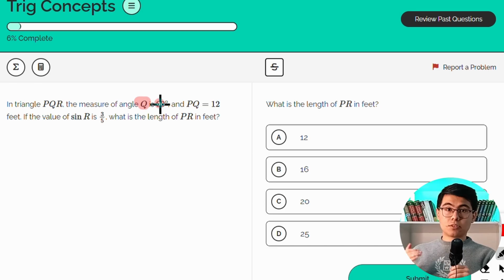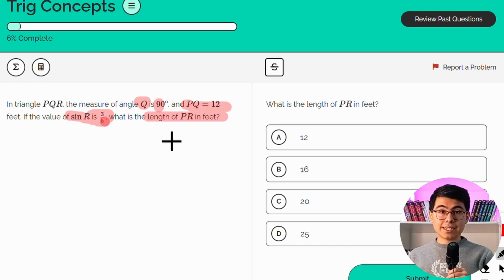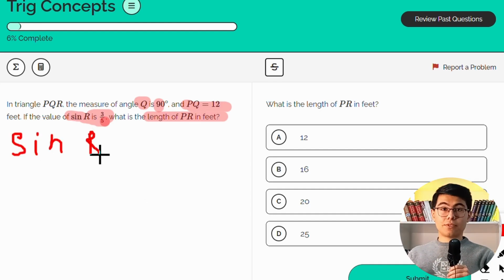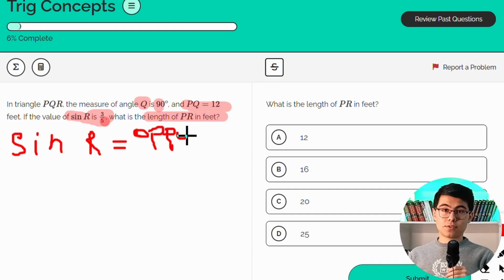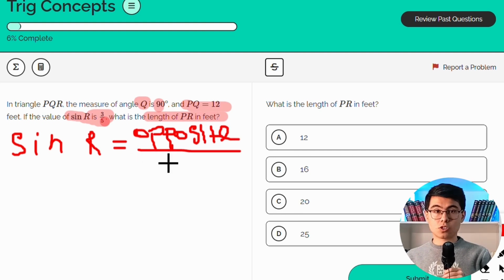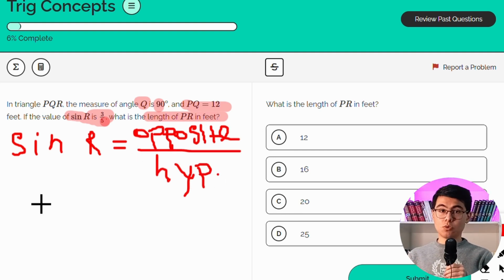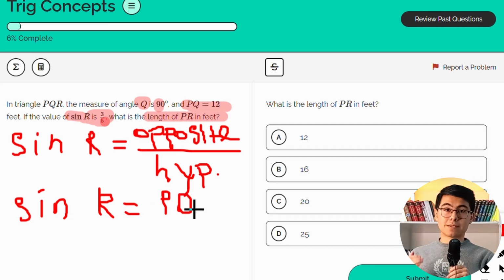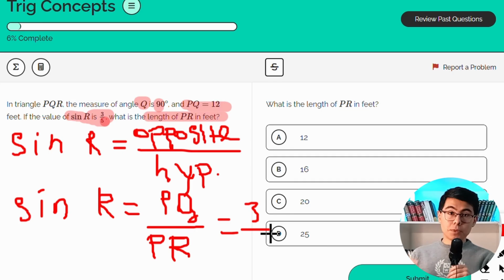And it says that they have a right triangle PQR, and Q here is 90 degrees, PQ is 12, and sine of R is 3 over 5. So we have to find PR. So the very first thing that we have to do is we should use the ratio. So in this case, that's going to be sine R equals PQ over PR.